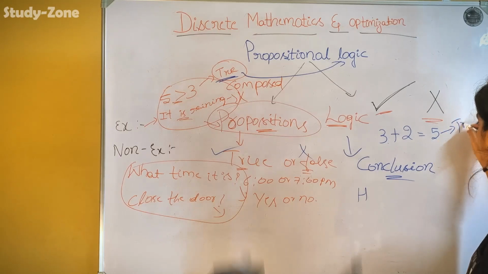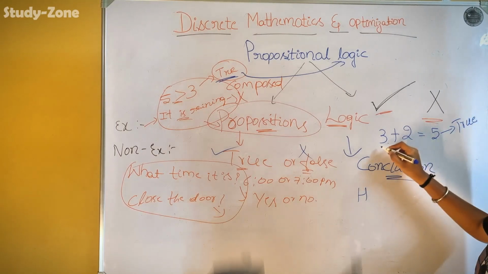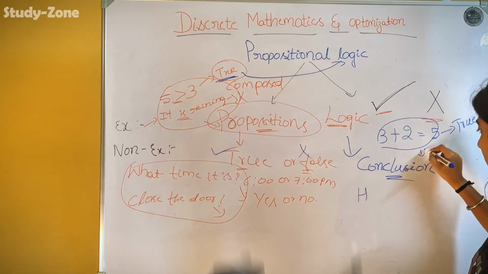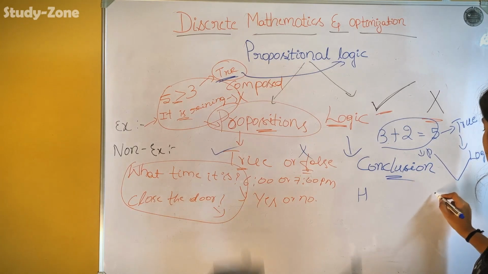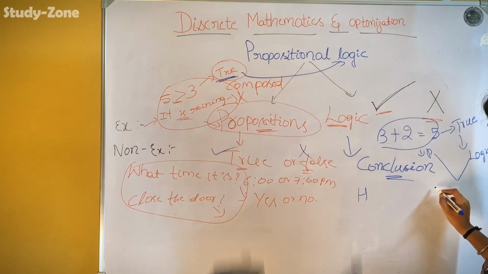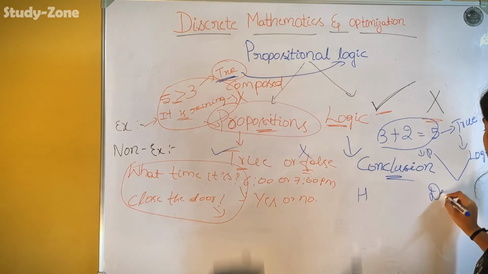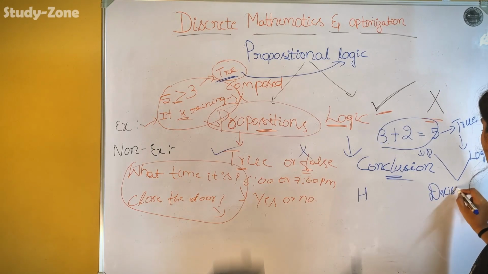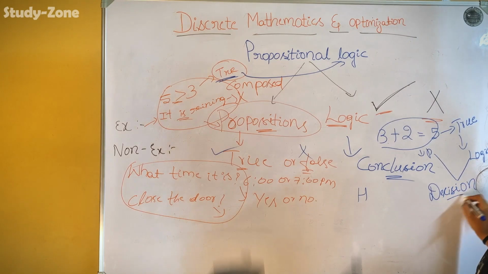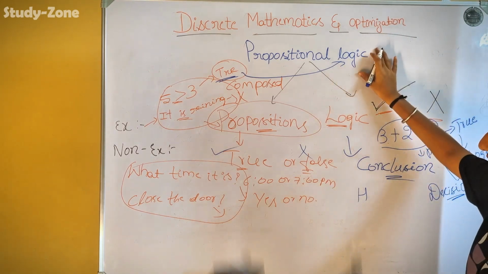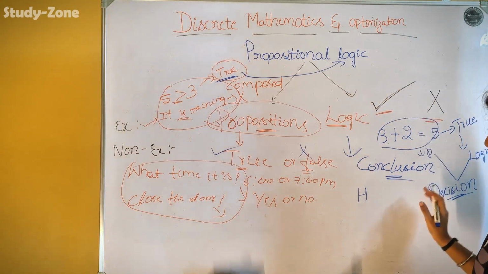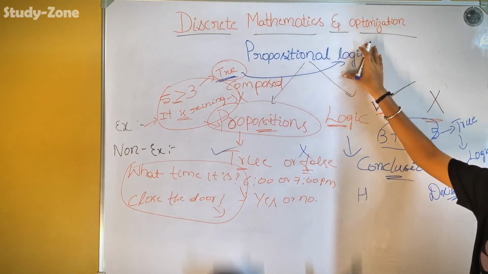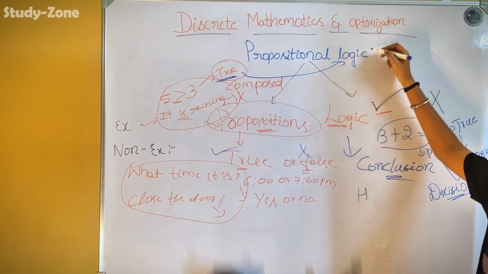It is true. So this is the proposition and this is the logic behind the proposition. The combination of this helps to take the final decision. So we came to know that with the help of propositional logic, computers take decisions. Propositional logic plays a very important role in computer science to take decisions.